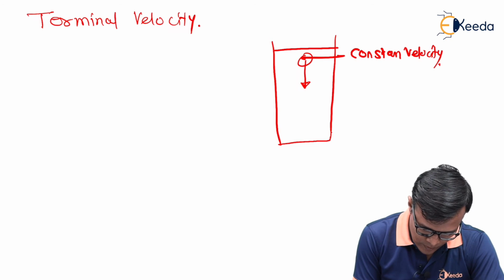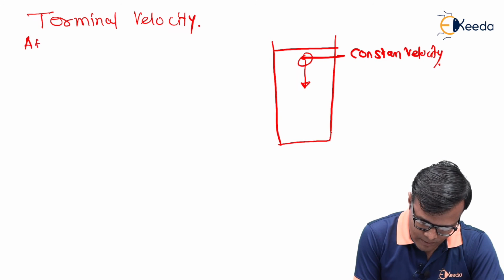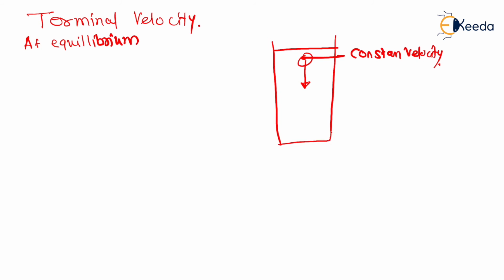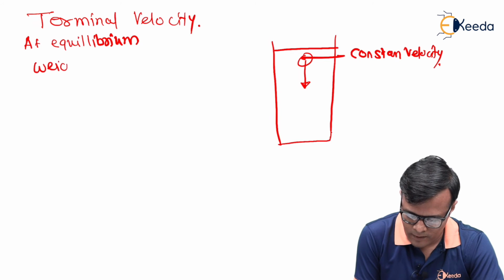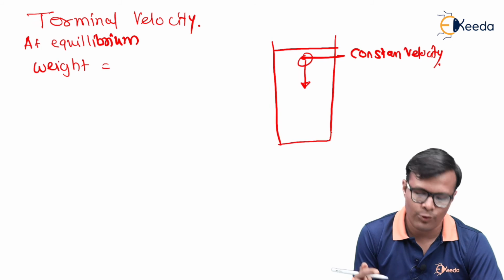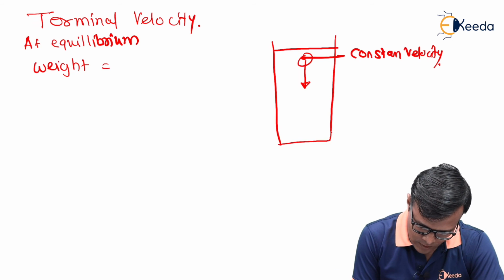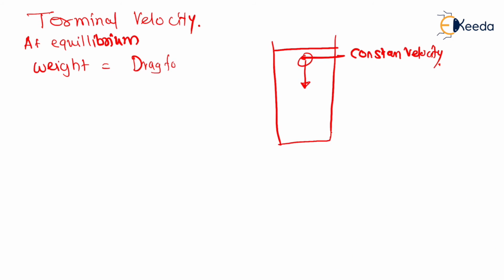So at equilibrium, weight is balanced by two types of forces, drag force plus buoyant force. Hence the velocity is constant.